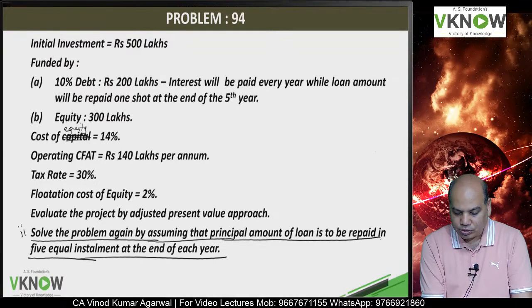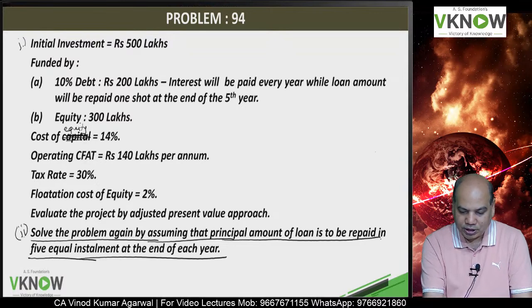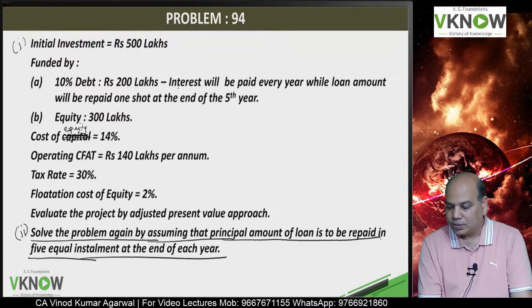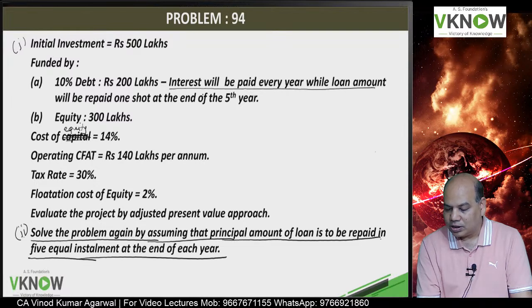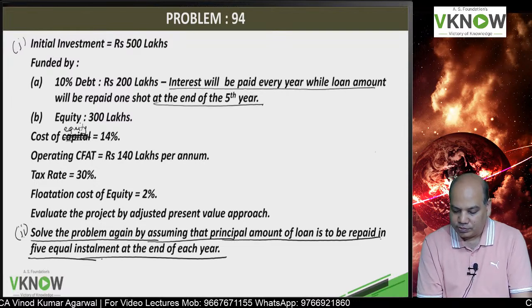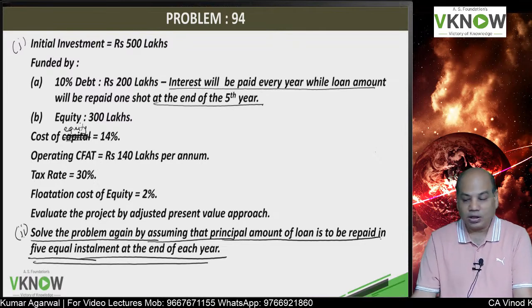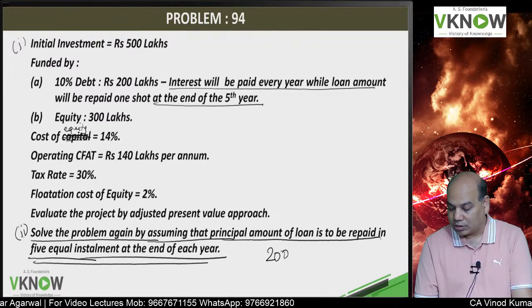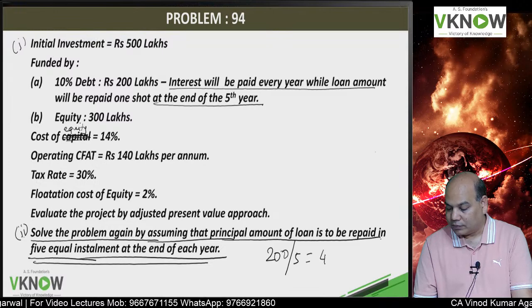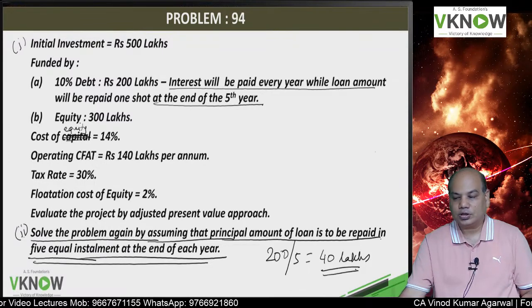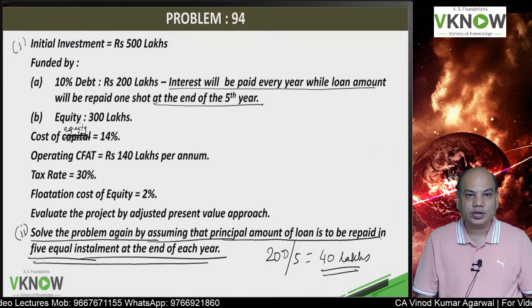So this is part 2. In part 1, the principal amount will be paid at the end of the 5th year, and in the second part, the principal amount, 200 lakh divided by 5, 40 lakhs will be paid every year.